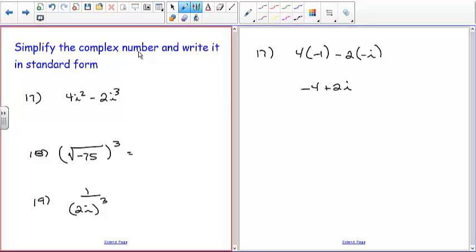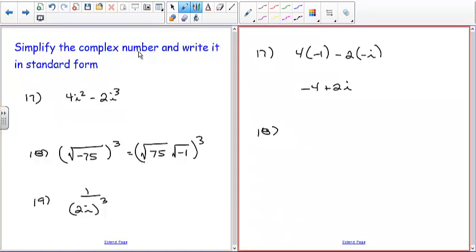Now the second one, what you would have here is the square root of 75 times the square root of negative 1, the whole thing cubed.